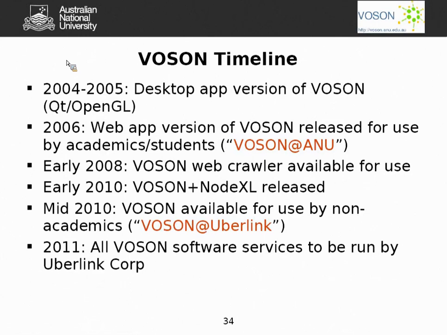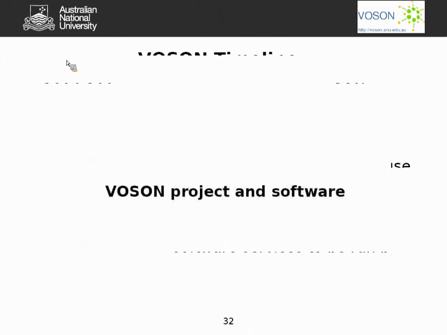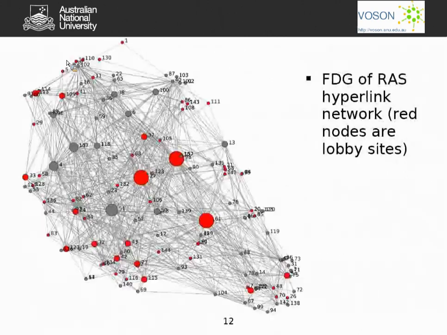In 2004 to 2005, there was a desktop version of VOSON. It was software that would run only in Linux, and it had really beautiful graphics because I could use OpenGL graphics, and I actually had this amazing visualization that I can show you just very briefly.